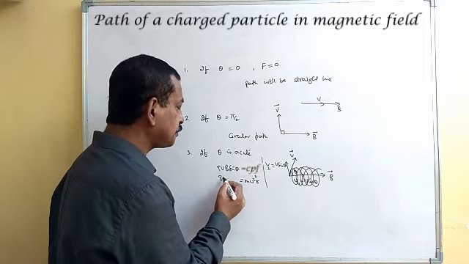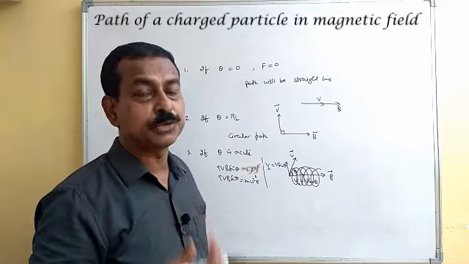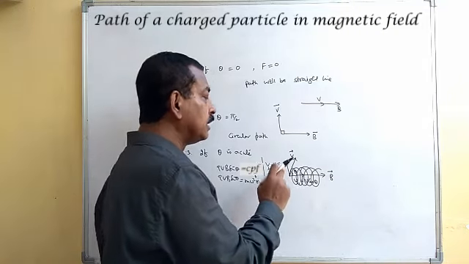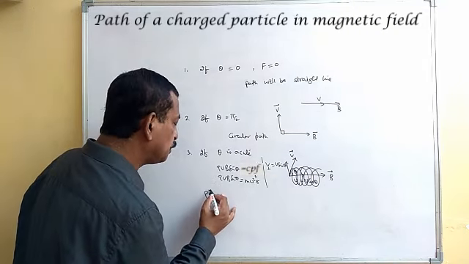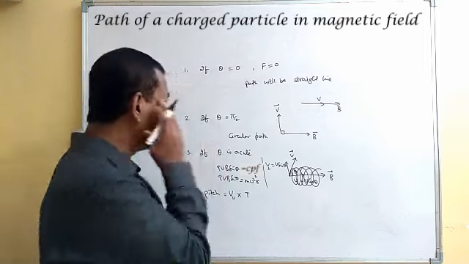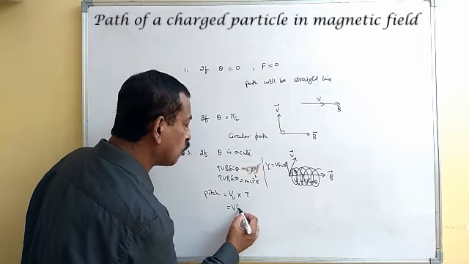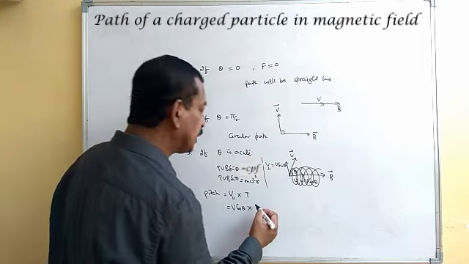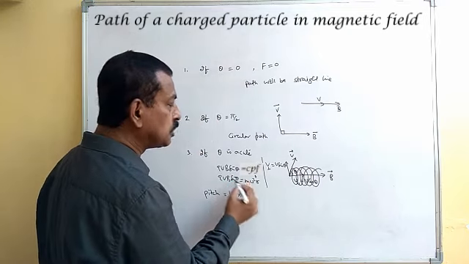From this we can get the time period and the frequency of revolution. Here pitch will be equal to the velocity component in this direction, that is V parallel, multiplied by the time period of revolution, and V parallel will be V cos theta, and the time period we can calculate from this one.